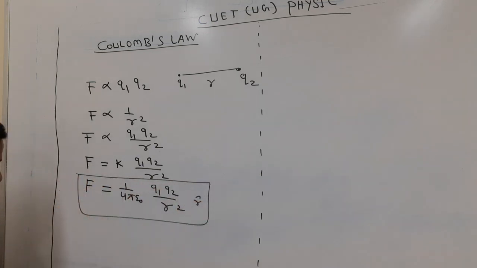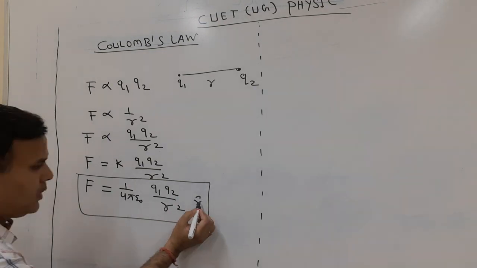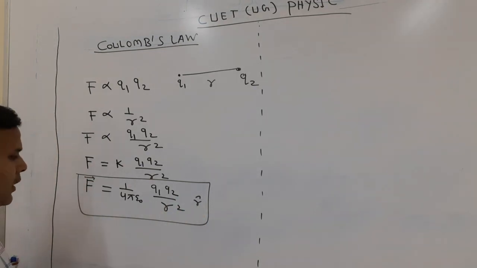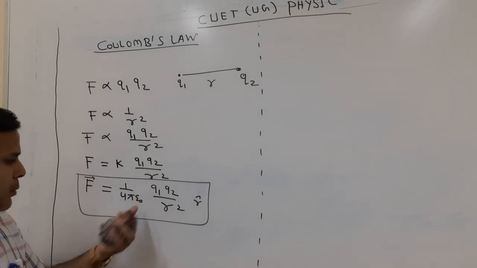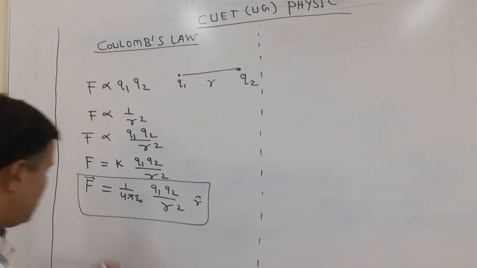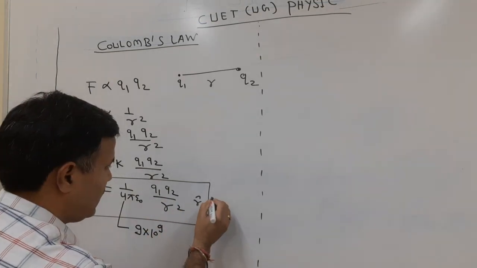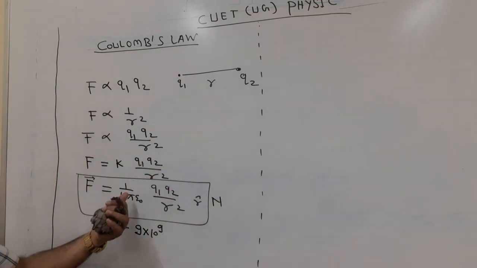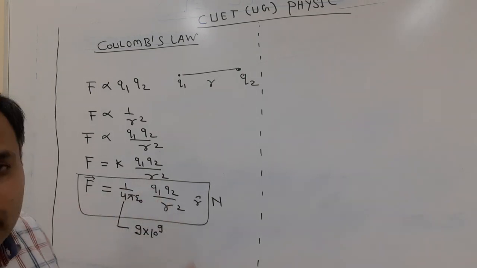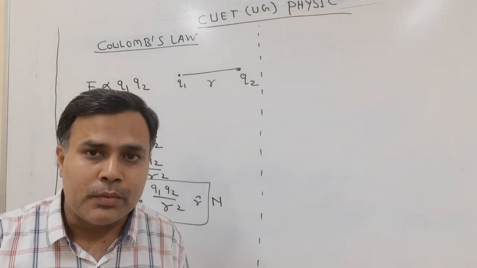F is a vector quantity, so its direction is r hat, and the value of 1 by 4 pi epsilon 0 is 9 into 10 to the power 9. So this is the mathematical form of Coulomb's law.